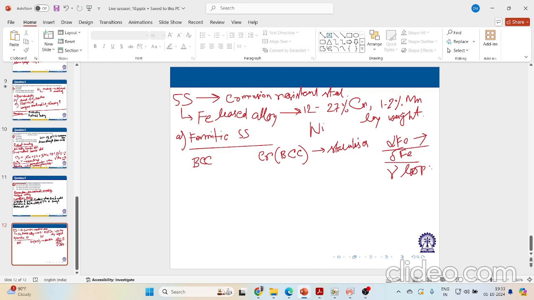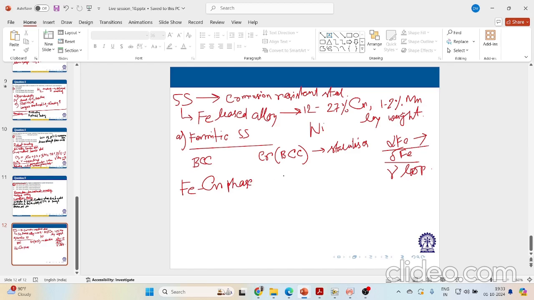Now, to avoid forming an excessive amount of brittle sigma phase, I should have drawn the iron chromium phase diagram, but please refer to your book or any online source of this iron chromium phase diagram first.